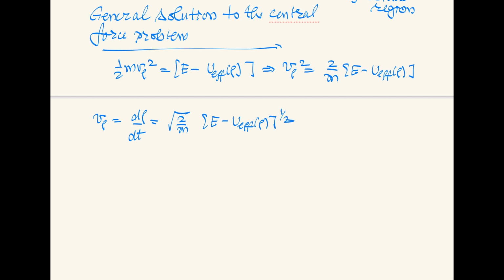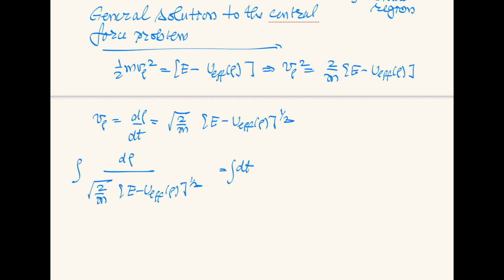Okay, so now I can integrate. I'm going to find that d rho divided by square root of 2 by m times E minus U effective of rho raised to the power half is going to be equal to dt. So let me integrate and we'll put the initial conditions in the limits.